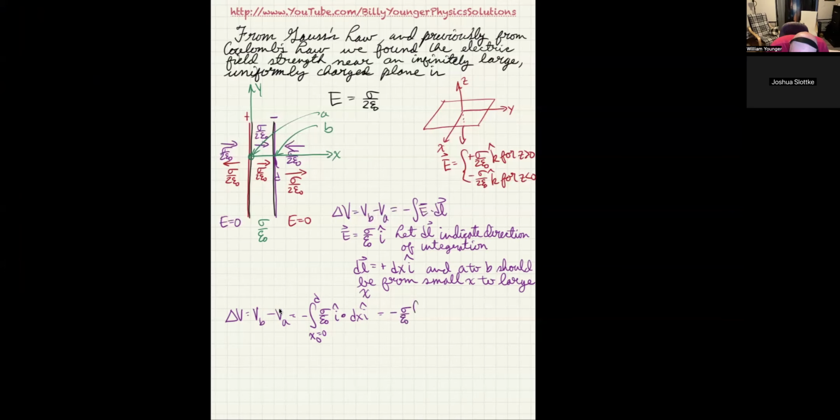Now I have the integral from 0 to d of dx, and then we have i hat dot i hat, but that's just 1 times 1 times the cosine of 0 degrees, which is 1. And of course, the integral of dx from 0 to d is in fact just d. So I get negative sigma over epsilon naught times d.